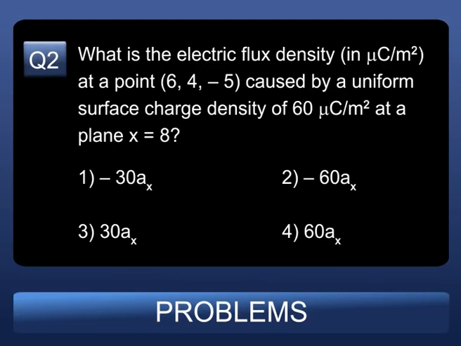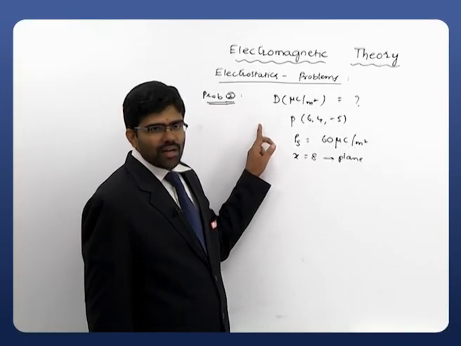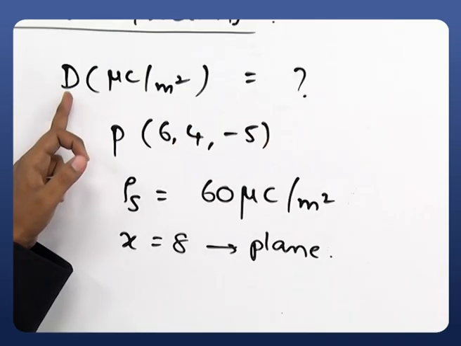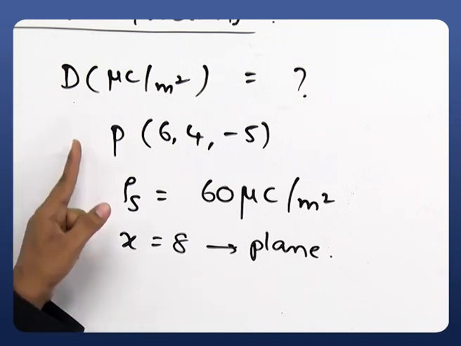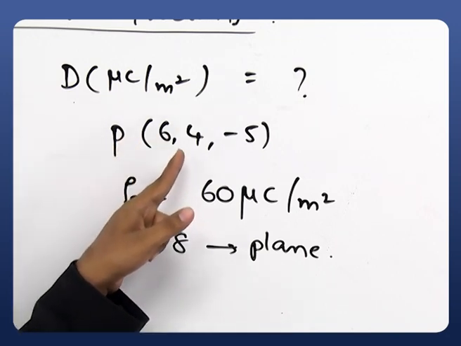Problem 2. What is the electric flux density? It's asked in microcoulomb per meter square at the point (6, 4, -5), caused by a uniform surface charge density of 60 microcoulomb per meter square at the plane x equals 8. So as per our given data, we are supposed to calculate the electric flux density D in microcoulomb per meter square at point P(6, 4, -5).